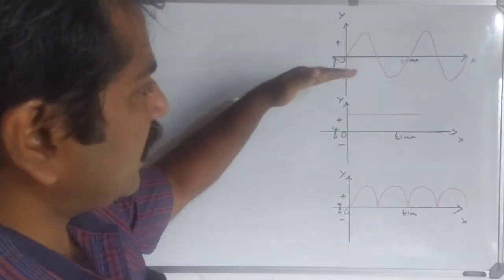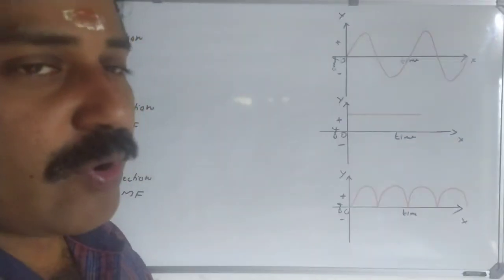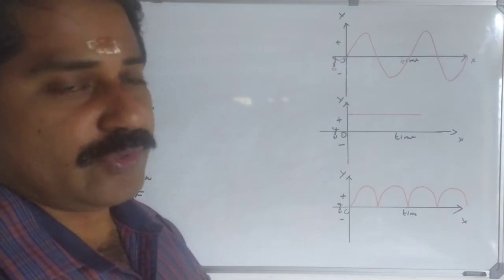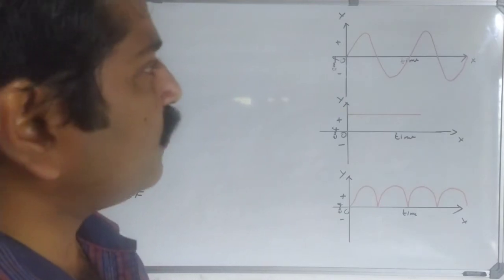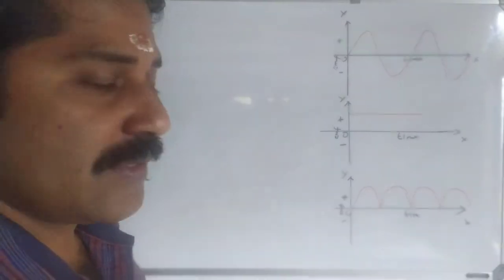And we have to analyze each graph based on its direction and the EMF produced. First of all, we can discuss the source and what type of current these graphs are representing.